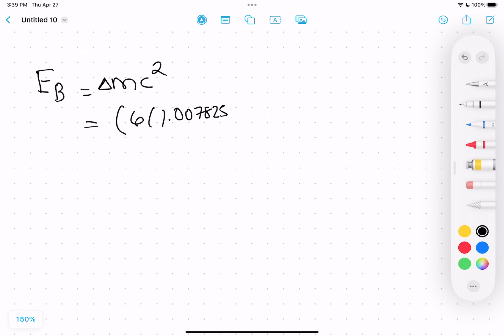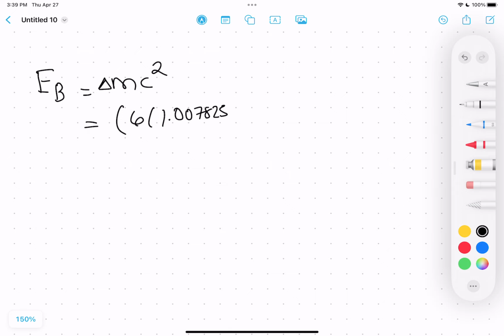Mass of hydrogen, 1.007825, and the mass of a neutron is 1.00865. Those are the two mass numbers I think you should know for this stuff.